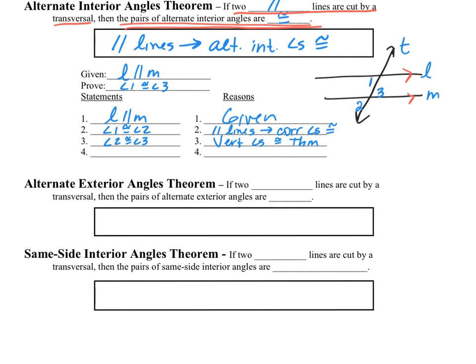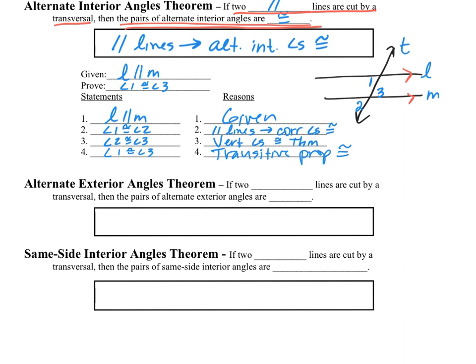In other words, I can say that angle 1 is congruent to angle 3 because remember, that was the transitive property of congruence. All right, so we have now proved that anytime parallel lines are cut by a transversal, alternate interior angles will always be congruent.